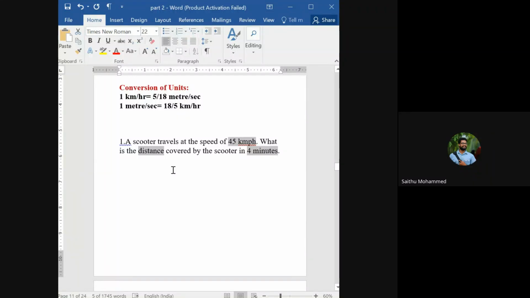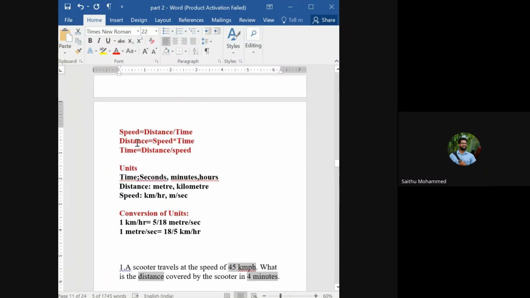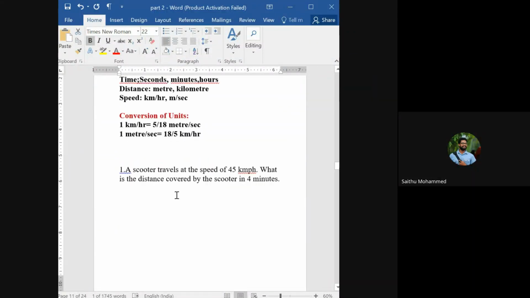So whenever we get a speed, distance and time question, even if we know the formula, it is better to write it: speed equals distance by time. But here what we have to find is distance. So the formula that we have to use here is distance equals speed into time. Okay, moving forward.